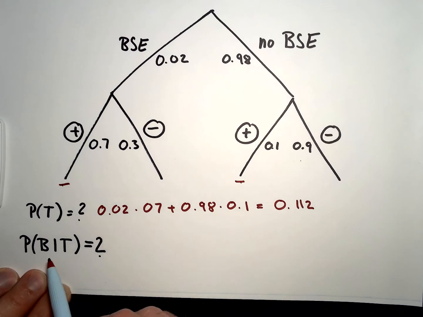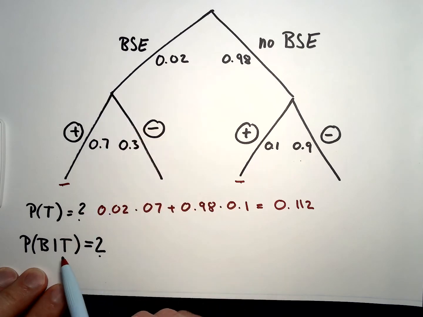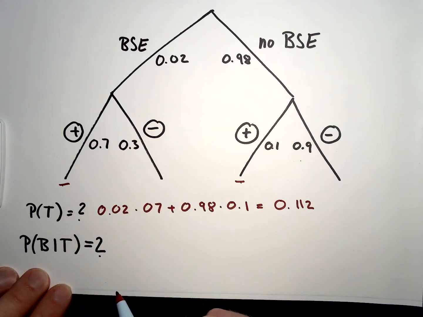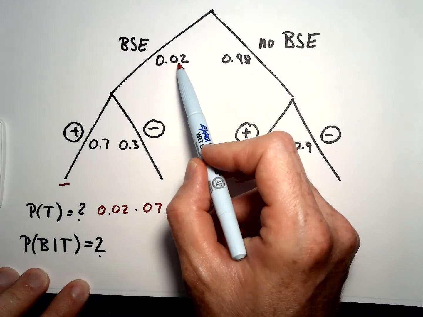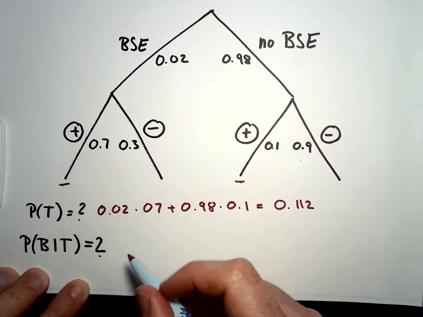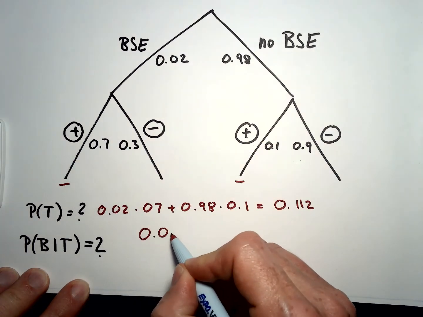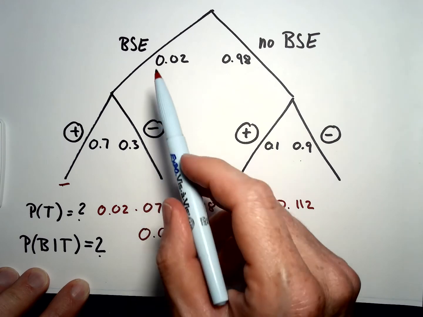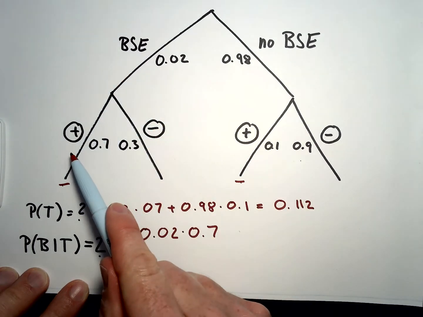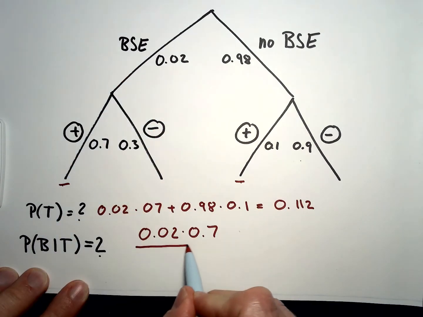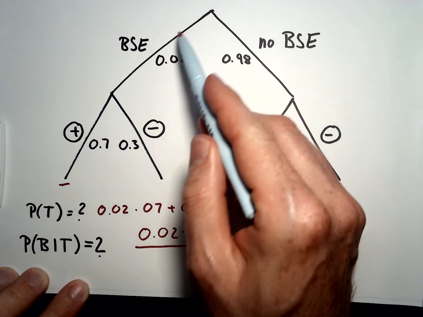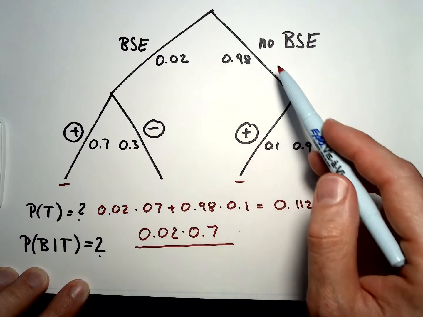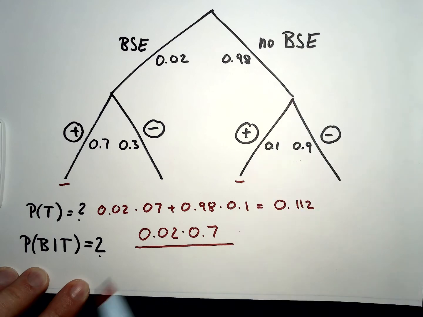To proceed in calculating the probability of the cow actually having BSE, given that we have a positive test result, we have to proceed as follows. We have to multiply the 0.02 times 0.7. So this is the event that we actually have BSE and a positive test result, divided by BSE having a positive test result plus no BSE and having a positive test result.